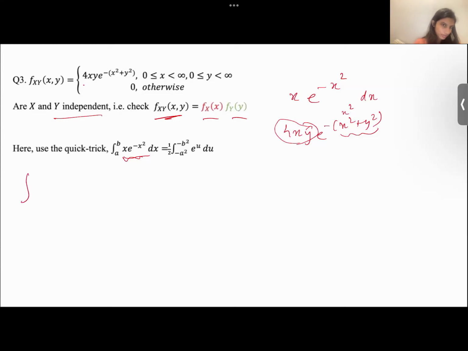So what will you have? Initially you have 0 to infinity, 4xy e power minus x square plus y square dy. This is the same as having these terms become constant, because if you're doing it in terms of dy, all this x term also becomes constant.